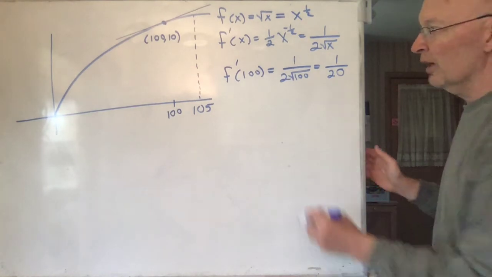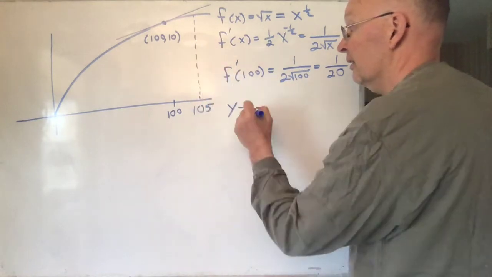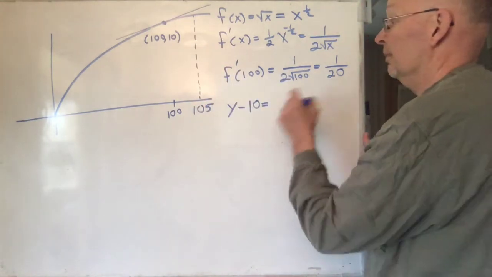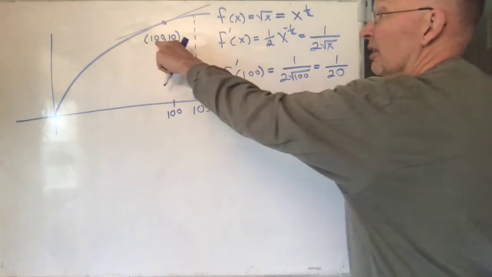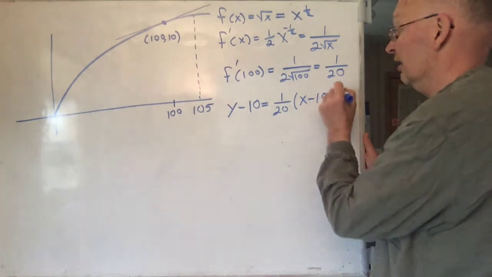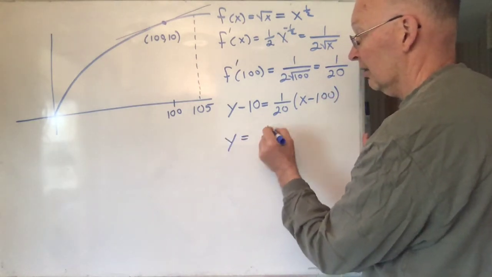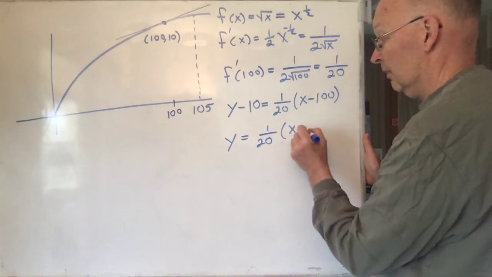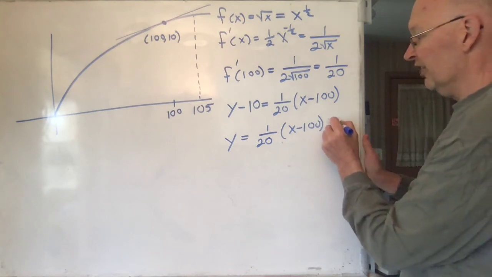Now, how do we get the equation of the line? Recall, it's going to be y minus 10 equals the slope times x minus 100. Or, if you solve it for y, y equals 1/20 times x minus 100, plus 10.